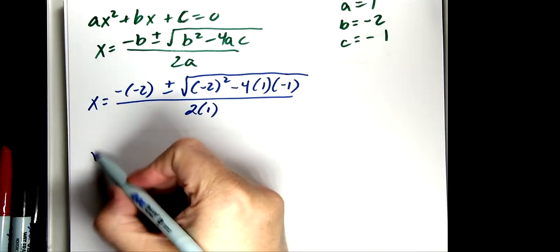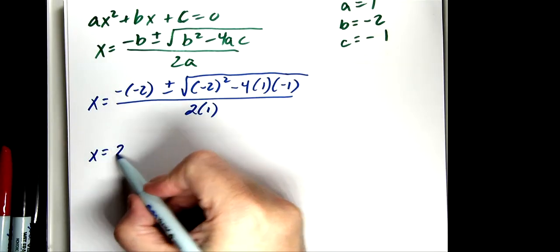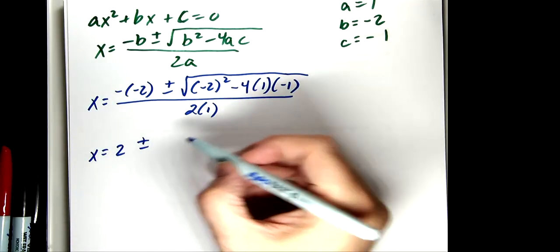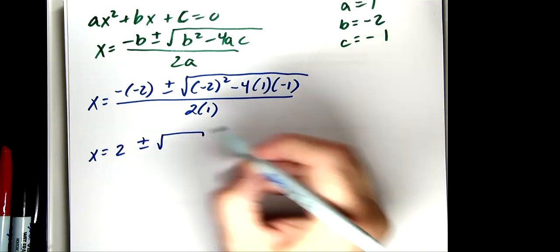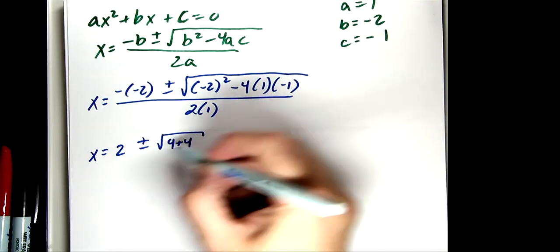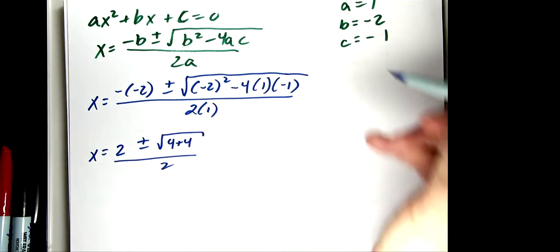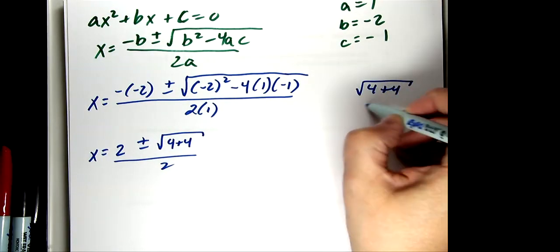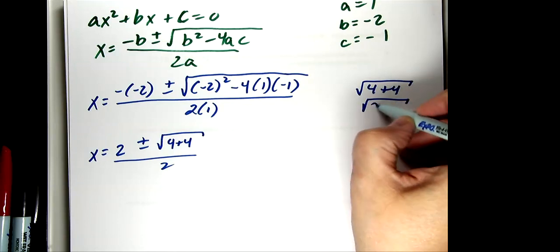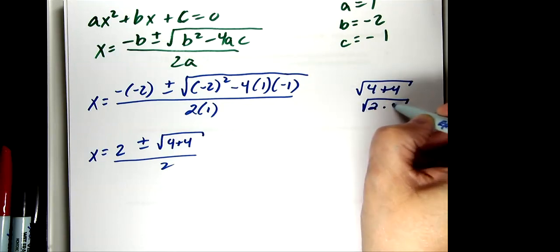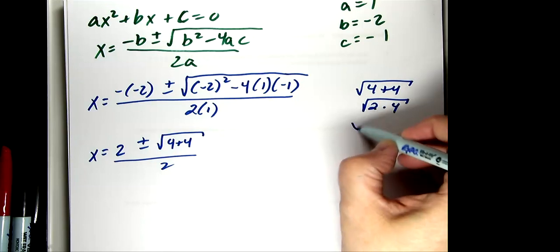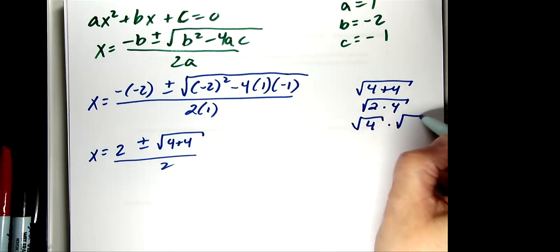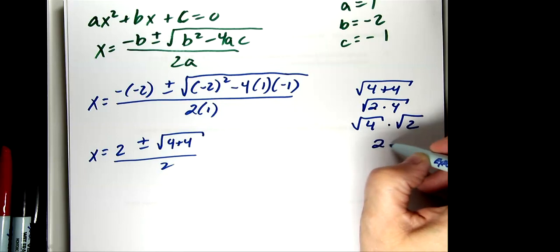So what do we got now? This is 2 plus or minus the square root of 4 plus 4 all over 2. Square root of 4 plus 4 is square root of 2 times 4. And we can write this as square root of 4 times the square root of 2, which is 2 root 2.